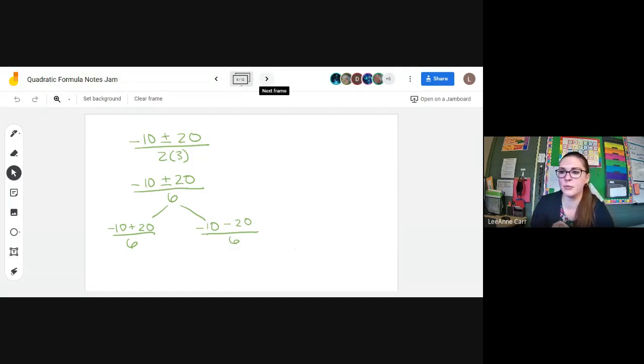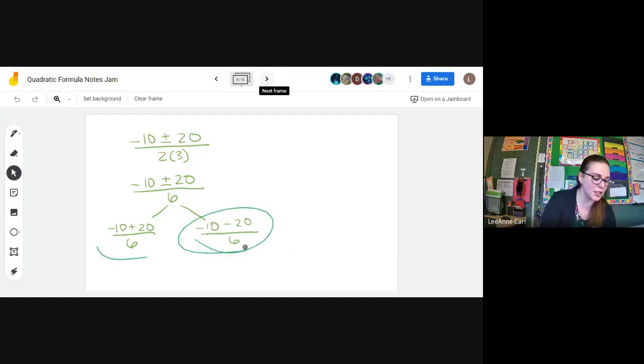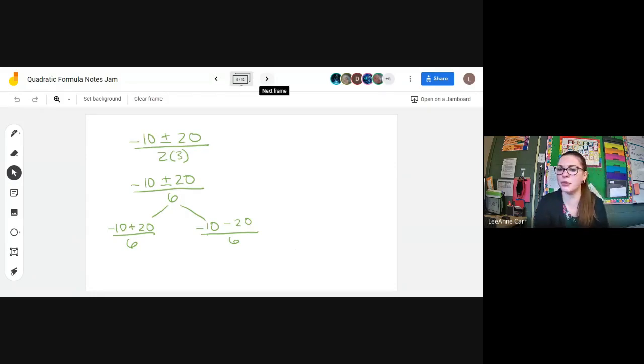I'm going to give everybody about 25 seconds here. I want to know if we can get our answer here and our answer here. To do this, remember you're simplifying your numerator first and then dividing by your denominator. I'll give everybody, like I said, about 25 seconds here, and then I'll call on somebody to give me their answer. You're just simplifying this last step.